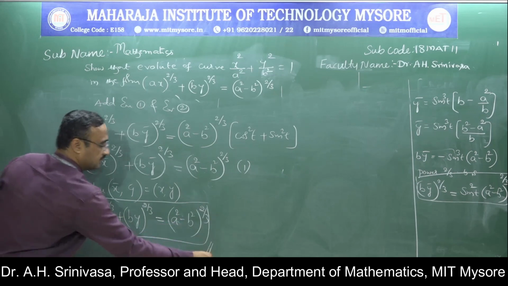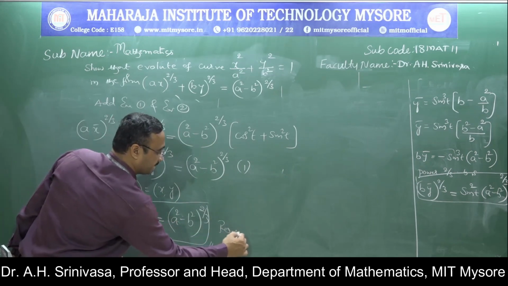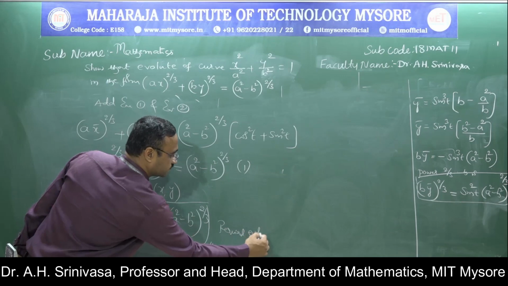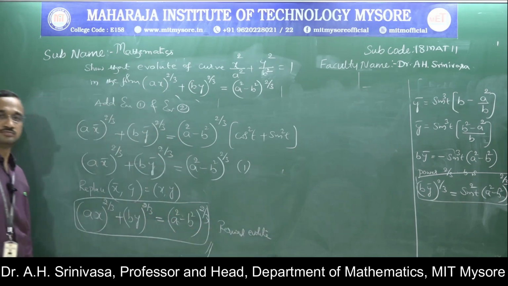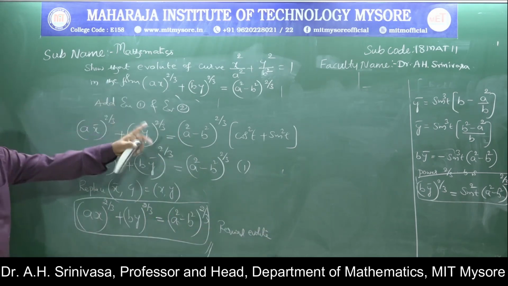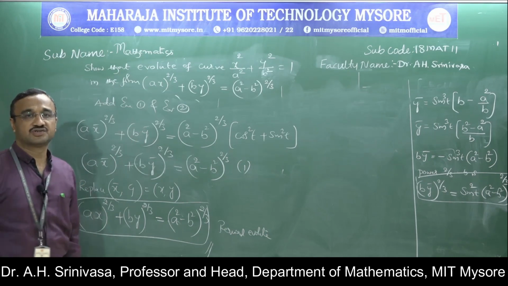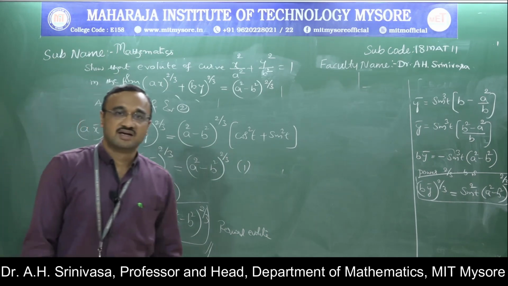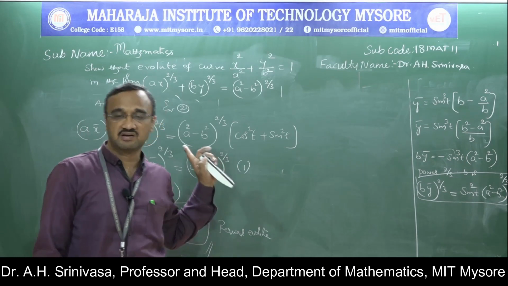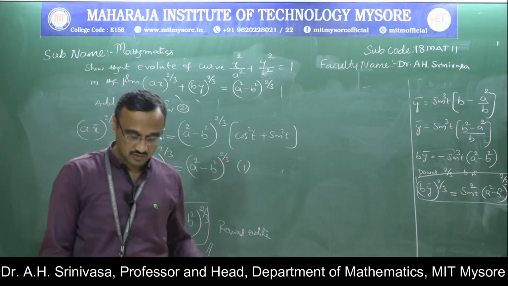So this is our required evolute. This is the way we can follow the procedure to construct the evolute of a given particular curve. Okay, anyway, thank you.